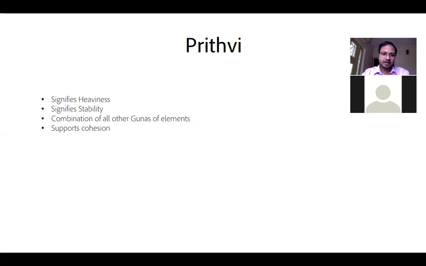So the guna is there, but the separation is not there. So we see that the Akasha and Prithvi are on the far extremes of the thread. In between, we have three elements: Vayu, Agni, and Jal. And on the two extremes, you have Akasha and Prithvi, one facilitating separation, one cohesion. So this is the basic understanding and idea of the five elements that we have.